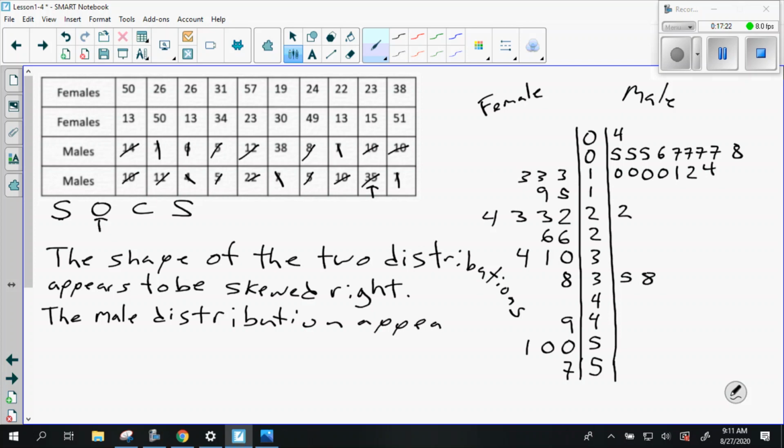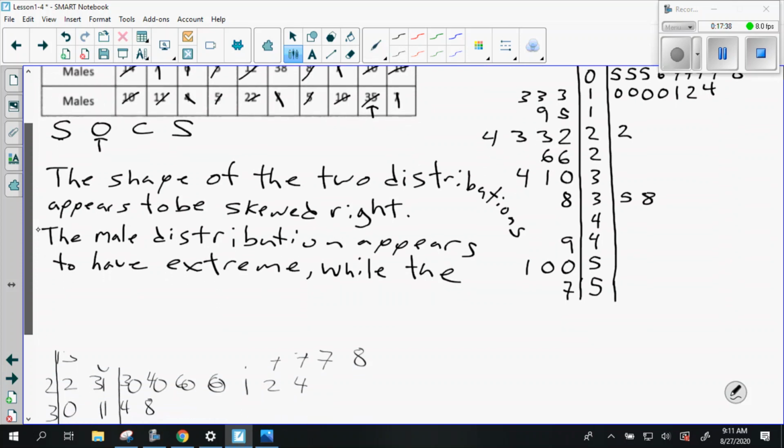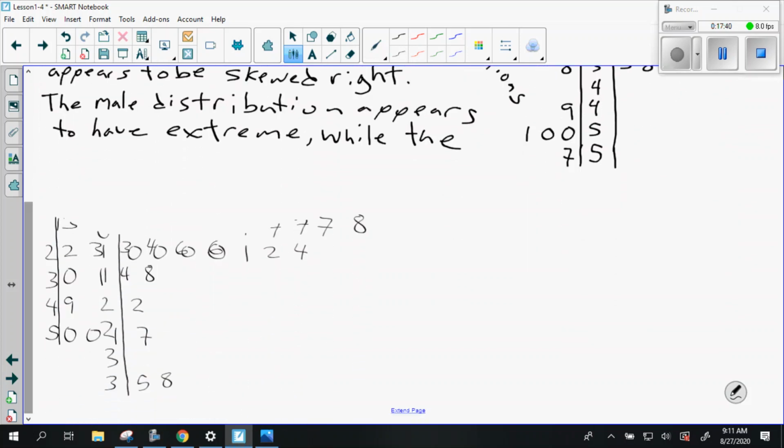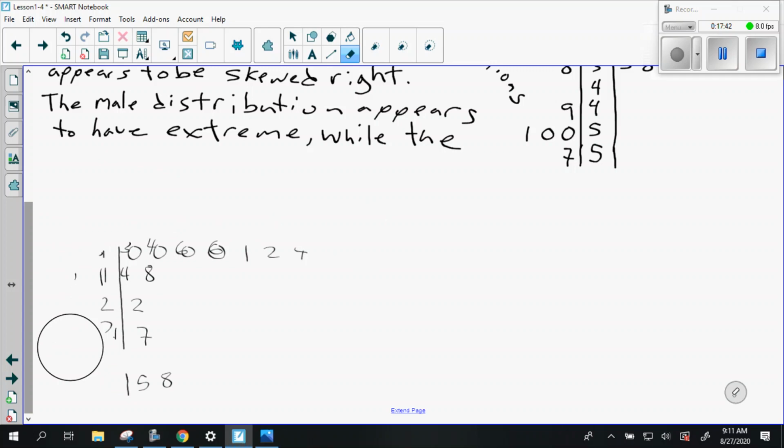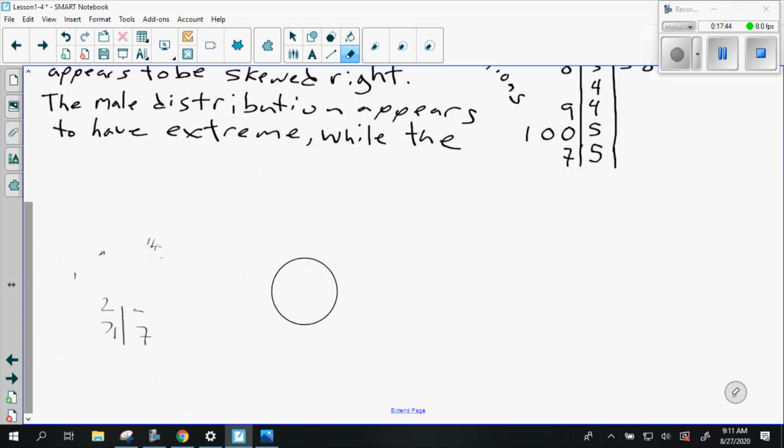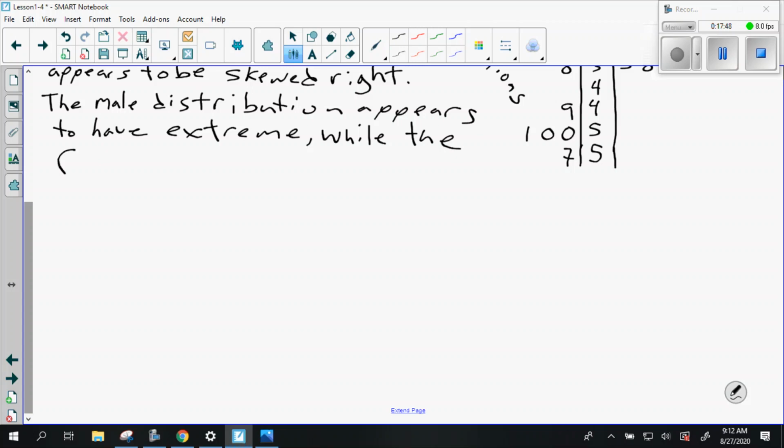So let's say that while the female distribution does not. Go ahead and just scroll up a little bit. And then all of these things that I threw over here are in the way. Let's get rid of them. Female distribution. It does not. So now we have addressed talking about outliers.